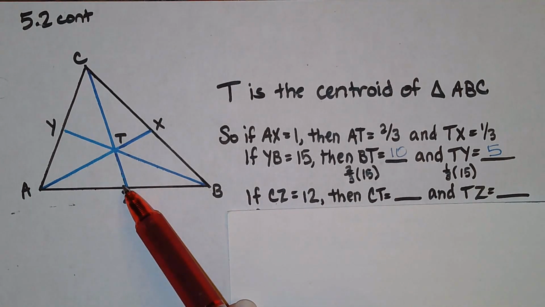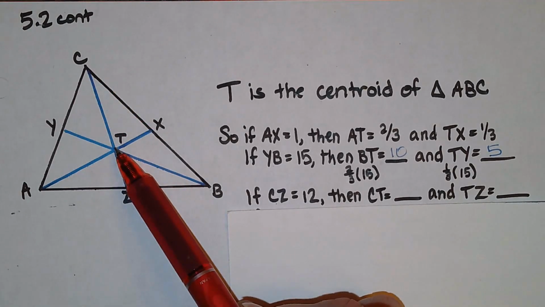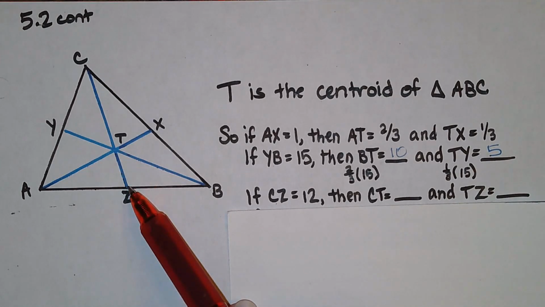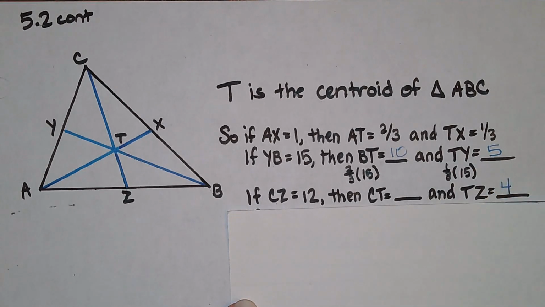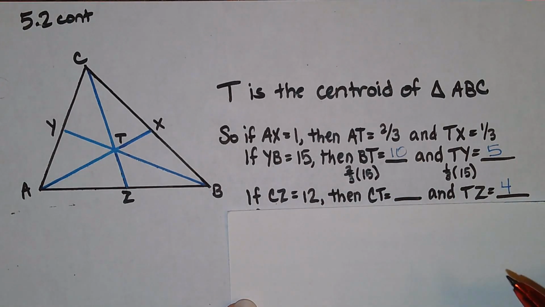If the whole distance is 12, this top part is 2/3 of 12 and this bottom part is 1/3 of 12. 1/3 of 12 is like 12 divided by 3, which is 4. And then CT is going to be double that, twice as big, because it's 2/3 of 12.